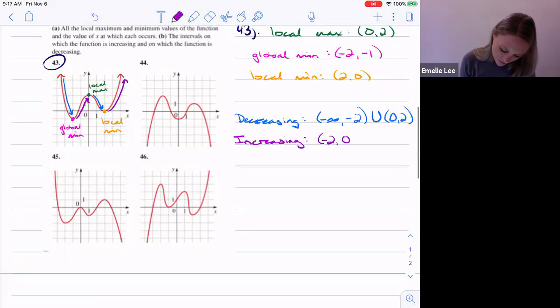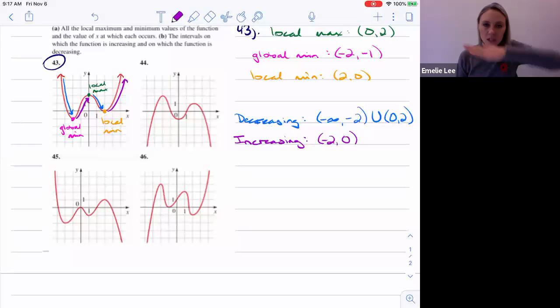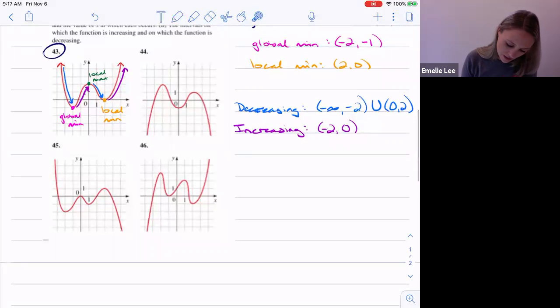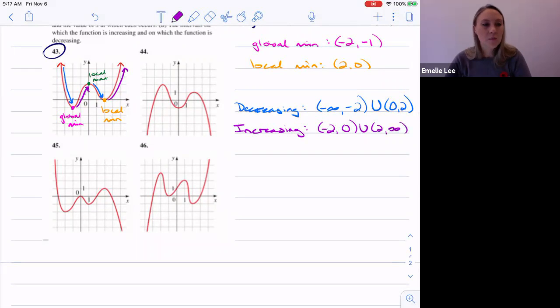It has to be either increasing or decreasing, unless it's a perfectly flat horizontal line, then it's neither. From x equals 2 to positive infinity, it's also increasing.